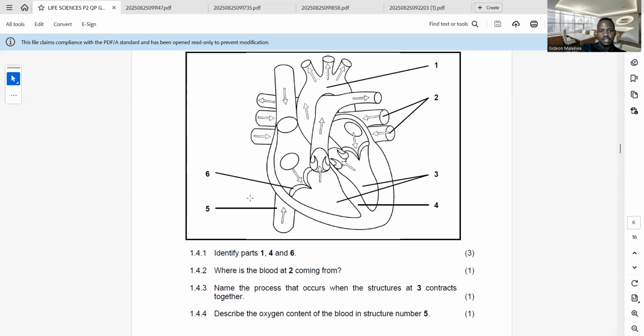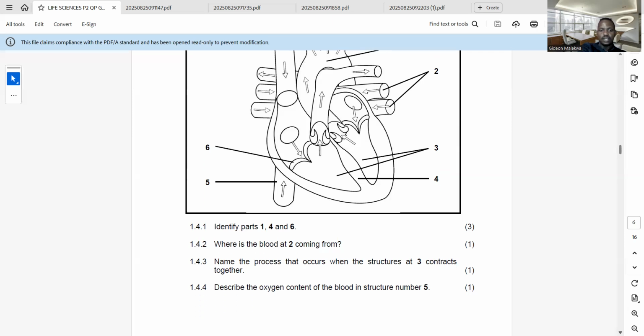I've already explained 6 as the tricuspid valve, 5 as the vena cava, 4 as the septum, 3 as the ventricles, 2 as the pulmonary veins, and the other one that has not been labeled is the pulmonary artery. 1 is the aorta, which takes blood away from the heart. So I think, guys, we have explained a little bit more on the heart.